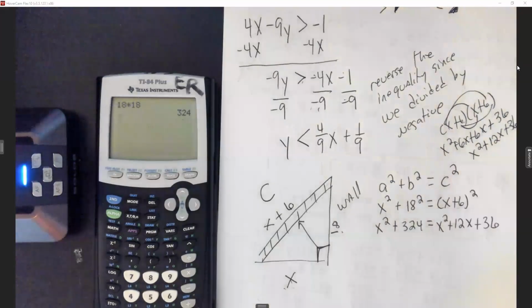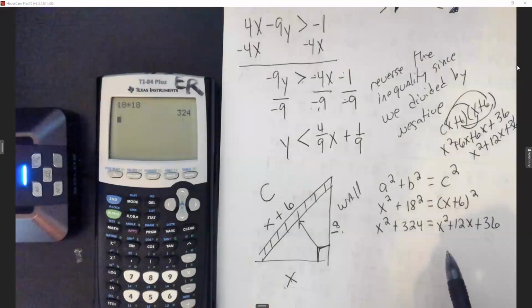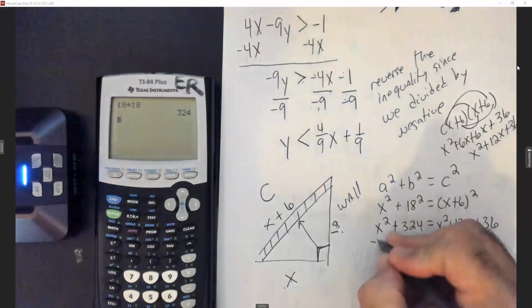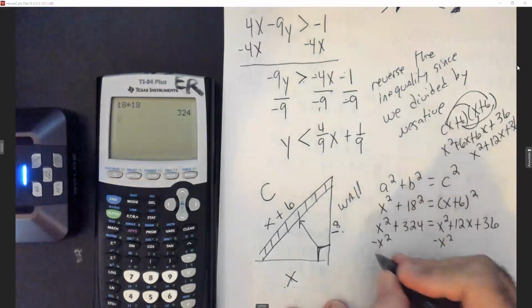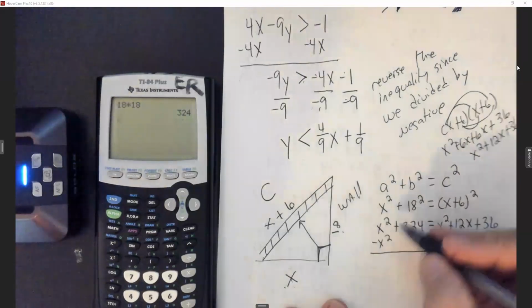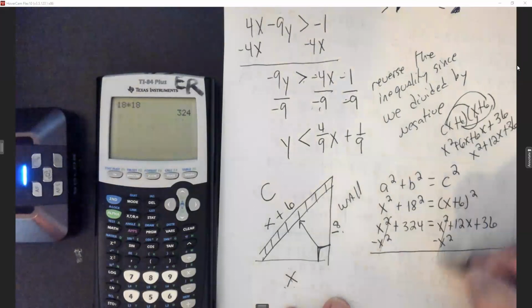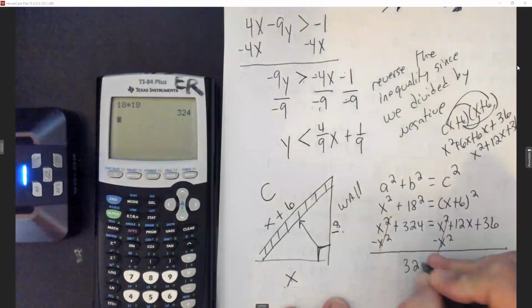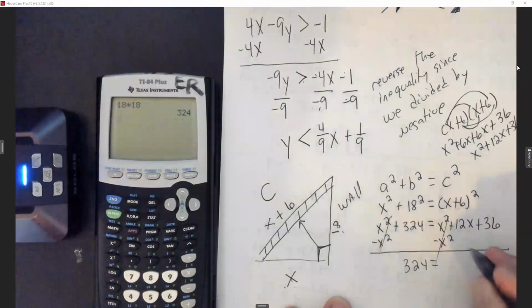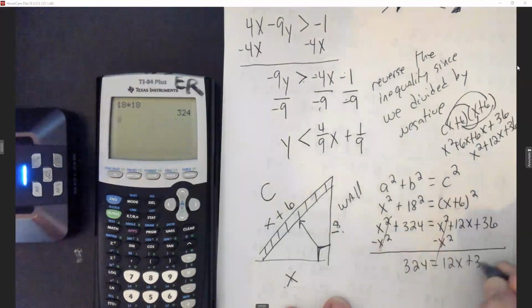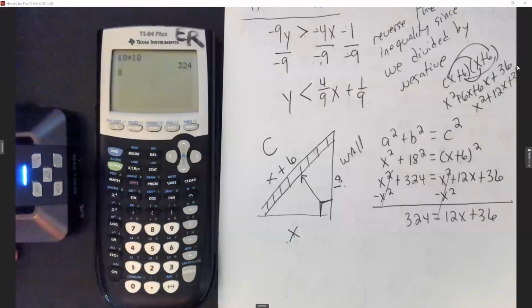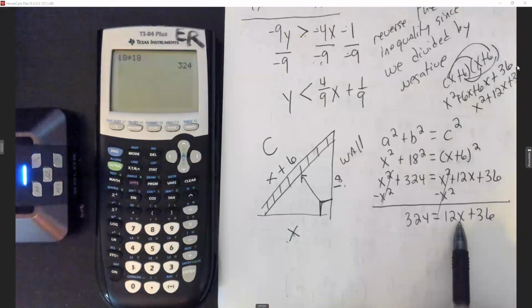So now, since I got these x squared terms, I need everything on one side, right? But watch what happens when I move my x squareds. The x squareds cancel everywhere. These cancel and those cancel. So all that's left is 324 equals 12x plus 36. Also, what's going to happen, since I don't have those x squared terms, all I got to do is get the x by itself.